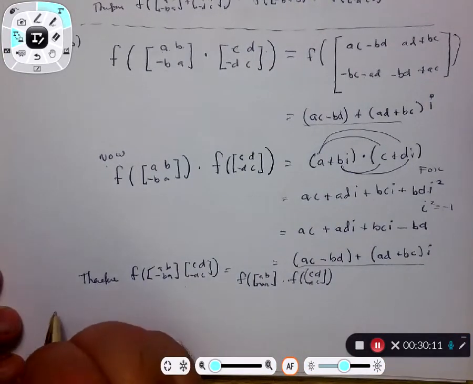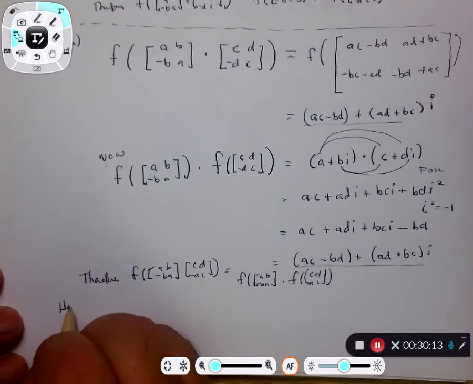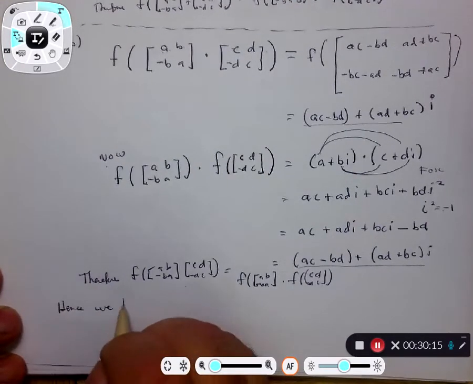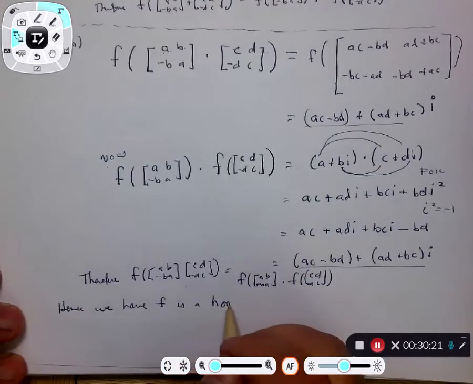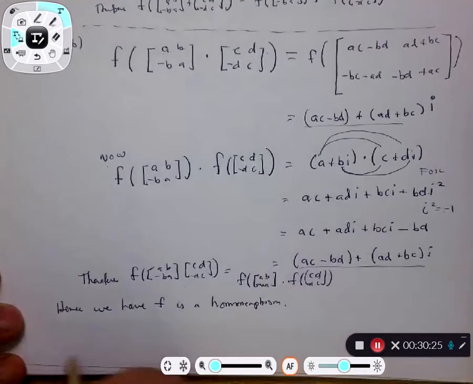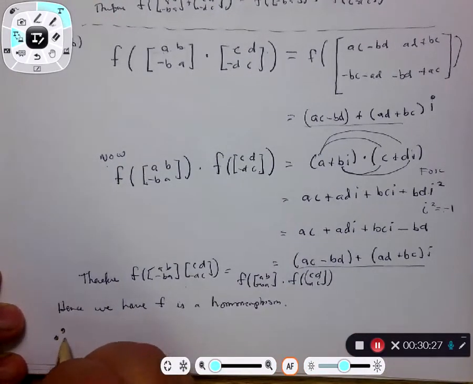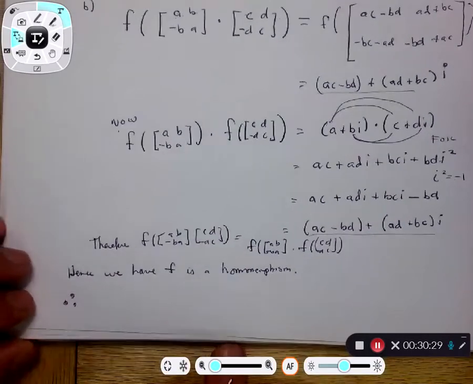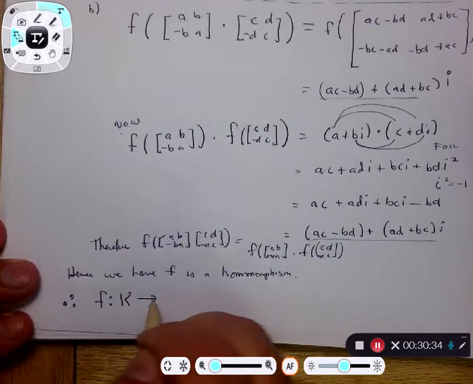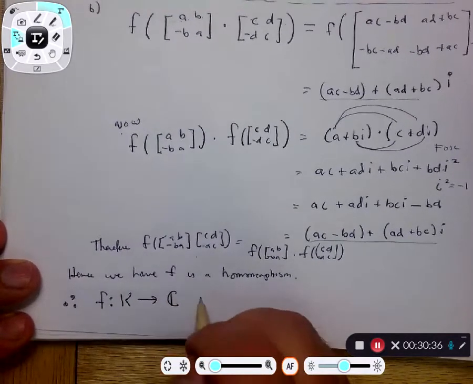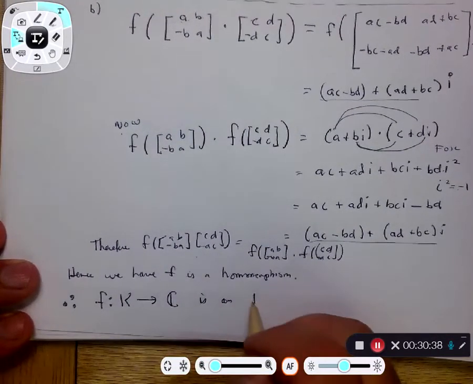And hence we have f is a homomorphism. And the three dots mean therefore, in terms of my example, therefore, f going from K to the complex numbers is an isomorphism.